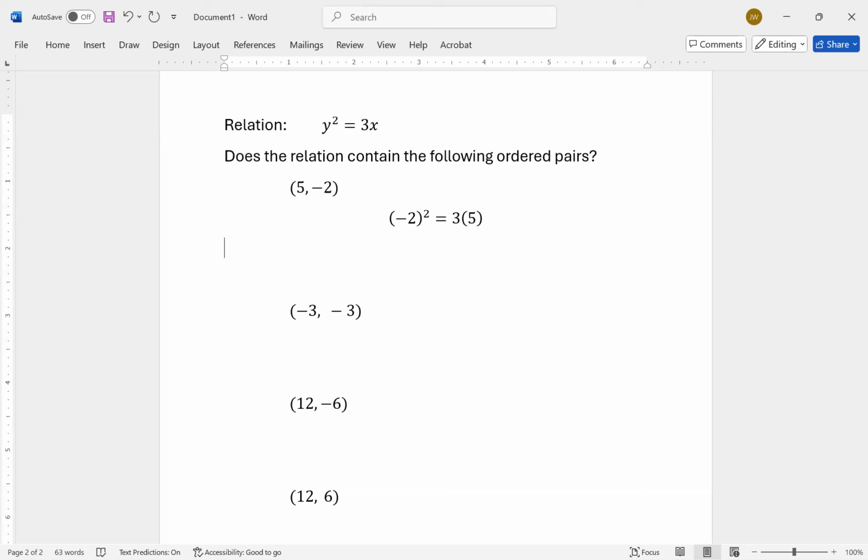Plugging in 5 for x and -2 for y, you want (-2) squared so that you get a 4 on the left-hand side. And this one gave me a 15 on the right-hand side. Obviously, that's false. 4 is not the same thing as 15. So this ordered pair is not in the relation.